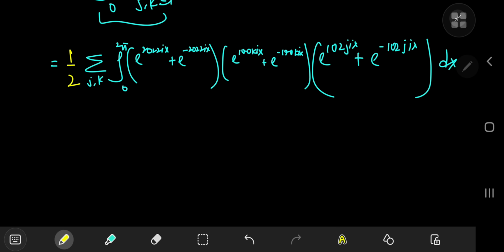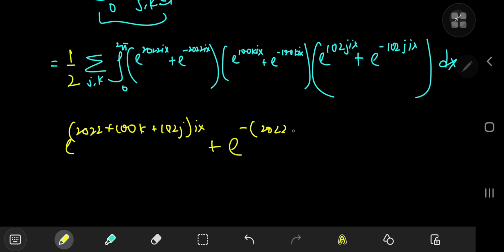Okay, cool. And just looking at the terms being multiplied, you can decipher that you're going to have an e to the 2022 plus 100k plus 102j, factoring out an ix, and you're also going to have a plus e to the negative of all of this stuff.